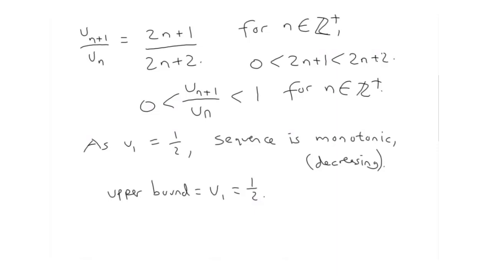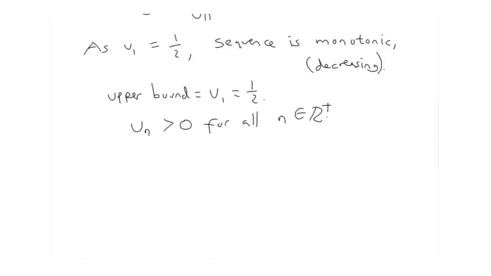So u_n, we know, is positive for all positive integer n. Remember we know that because the first term is positive and the expression for u_{n+1} over u_n is also positive. So because it's greater than 0, we can take 0 as our lower bound that we know it doesn't go below.